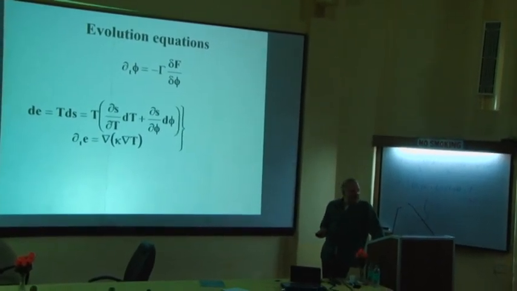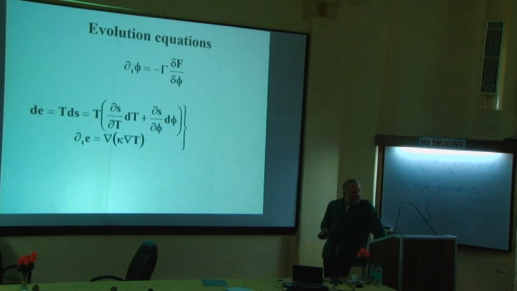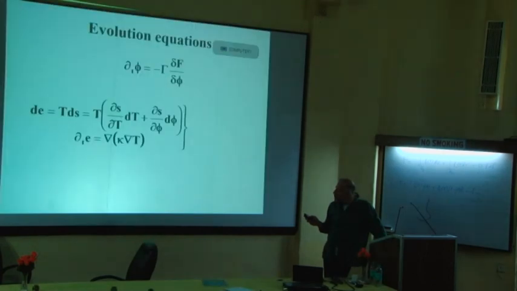The second equation is the first principle. So you know that the internal energy can change by changes in volume or changes in entropy. Now I have supposed that the molar volume is constant, so there is no mechanical term. So the only thing that I have is the TdS.